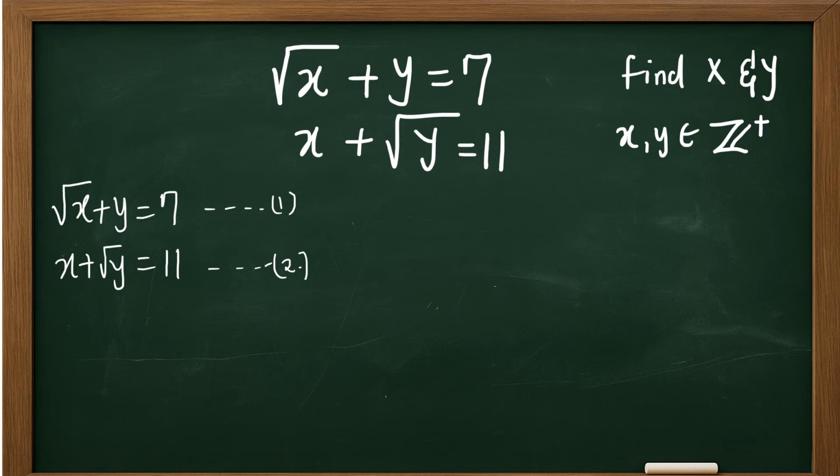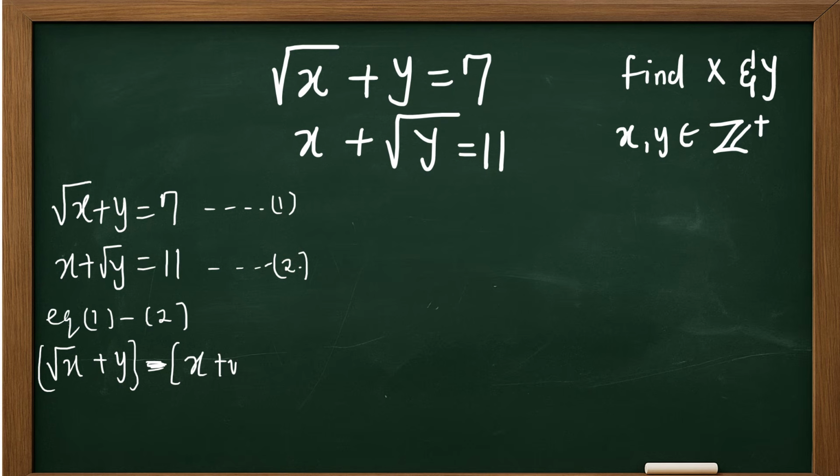Now, subtract your equation 2 from equation 1. That is equation 1 minus equation 2. So equation 1 is the square root of x plus y, which equals 7, minus that of equation 2, which is x plus root y.